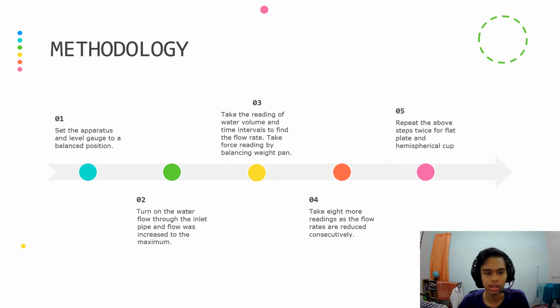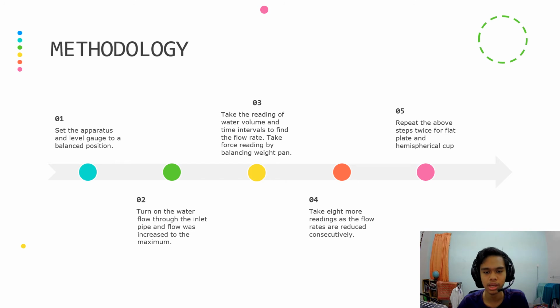Alright, so the methodology. First, we're going to set up the apparatus and level the gauge to a balanced position. Second, we're going to turn on the water flow through the inlet pipe, and the flow is increased to the maximum. As flow is increased to the maximum, we're going to try to balance the weight pen, and by balancing the weight pen, we can know how much force is exerted by the water jet towards the plate.